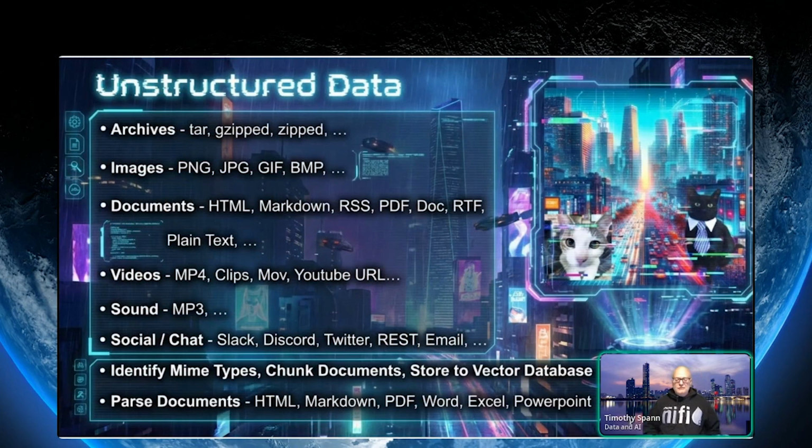This is another unique thing that's a lot of handwritten code if you're running this in a notebook or something. But within NiFi for the last at least 5 or 6 years, if not 10, we've been able to support unstructured data, which obviously is huge with AI.